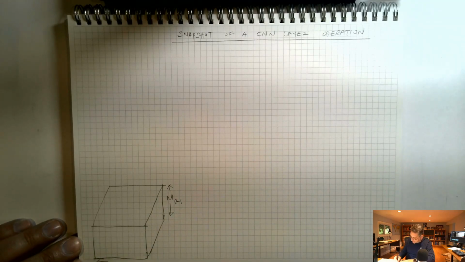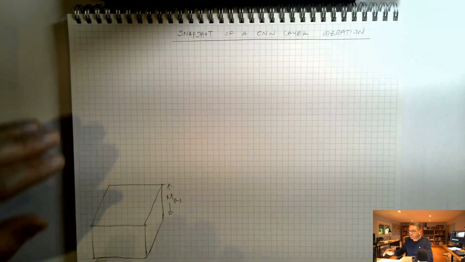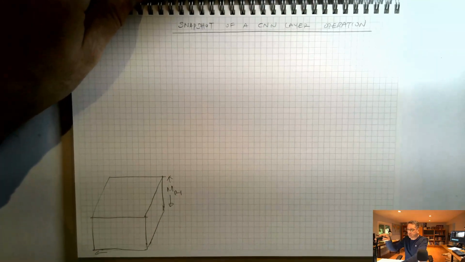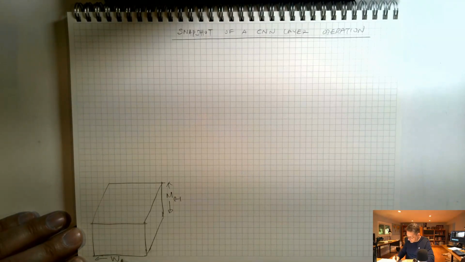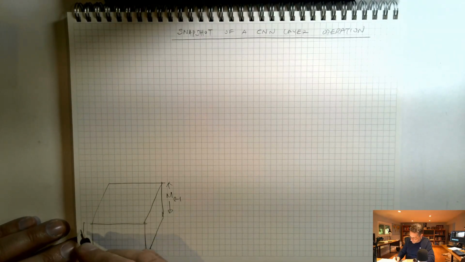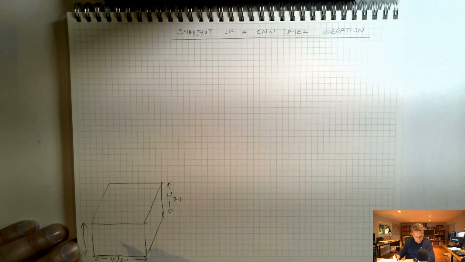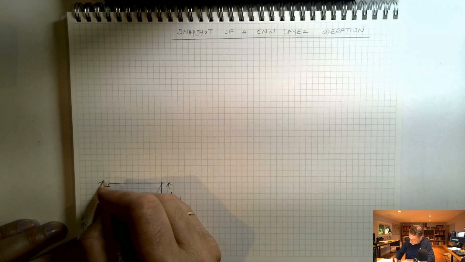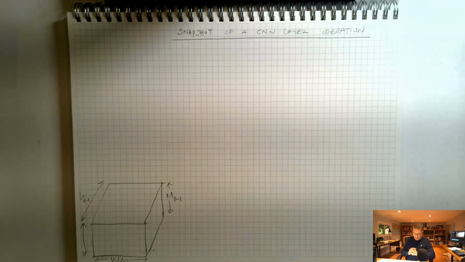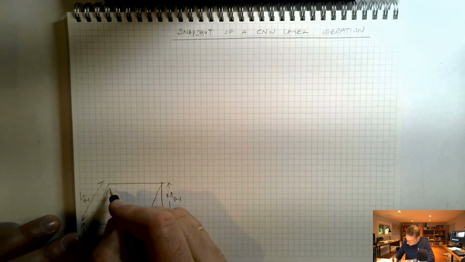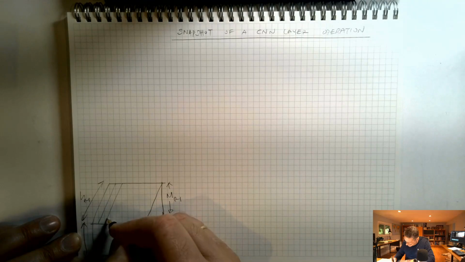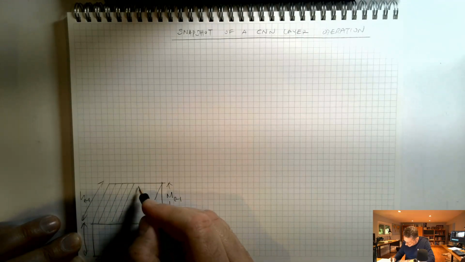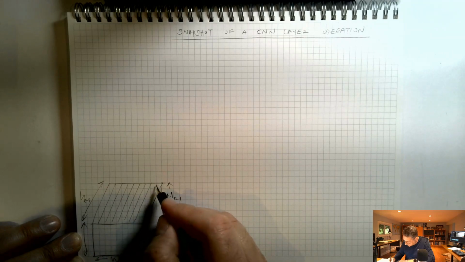It will have some kind of width, W L-1, and the height will be H L-1. So that's basically the dimensions of my incoming volume, and it has some kind of resolution in terms of number of height and width pixels.